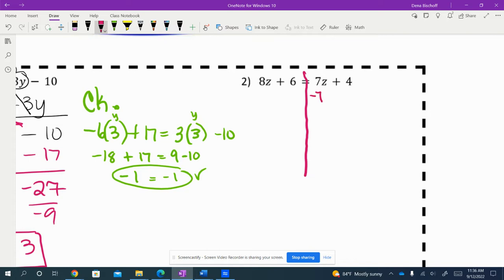I am going to subtract 7z from both sides because I want to move the variable over to the left. 8 minus 7 is 1z. So 1z plus 6 equals 4. All right, Miss Kate, what do you want to do next? Minus the 6. Yeah, good job.